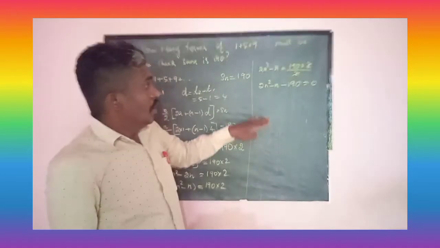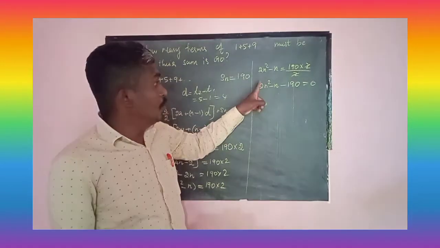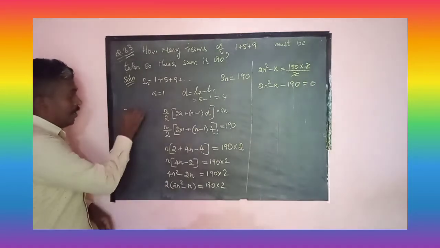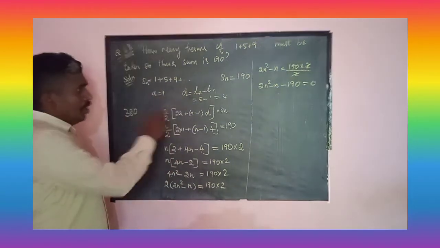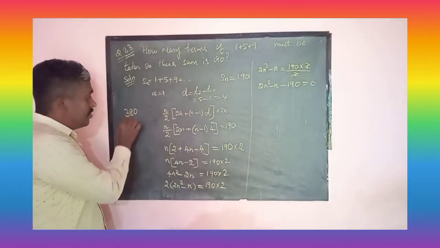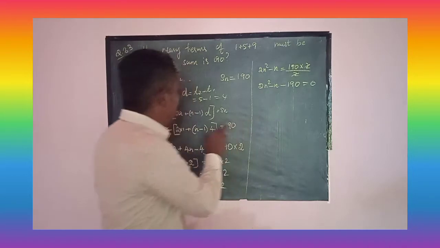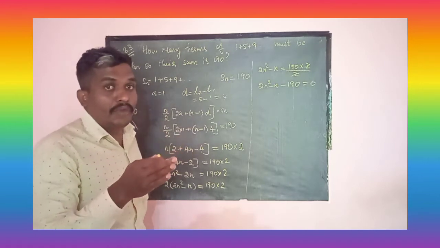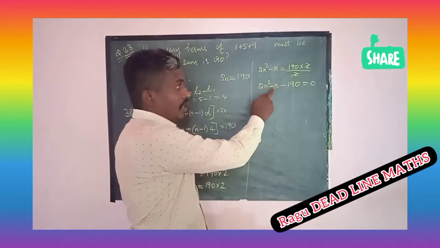Now this is a quadratic, so we use factorization. We have already studied factorization in 8th and 9th standard. Take 2 into 190, which is 380. We consider two numbers which, when multiplied, give 380, and when added, give the coefficient of n, which is minus 1.